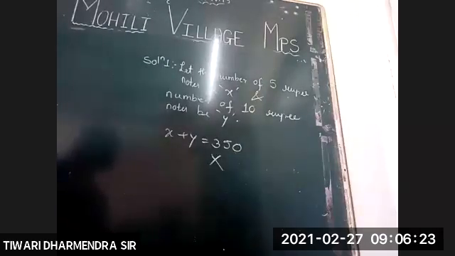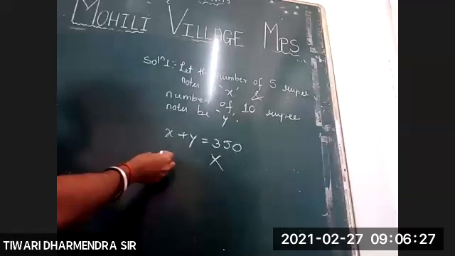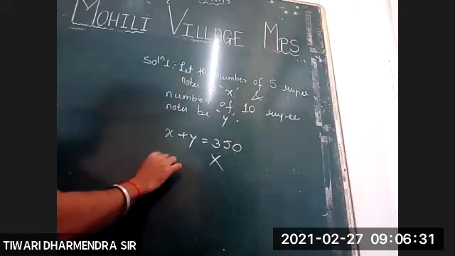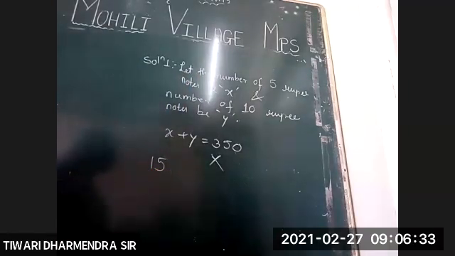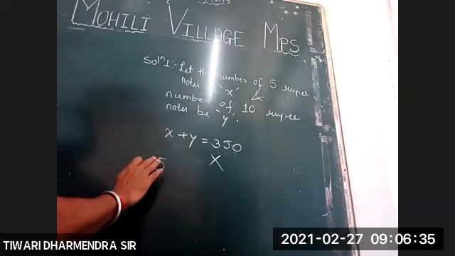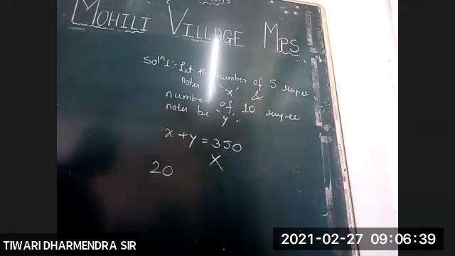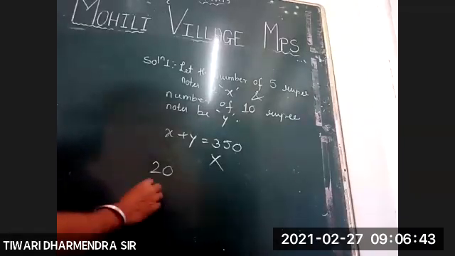Why? Because, say number of 5 rupee notes is 20, so 20 means 100 rupees.